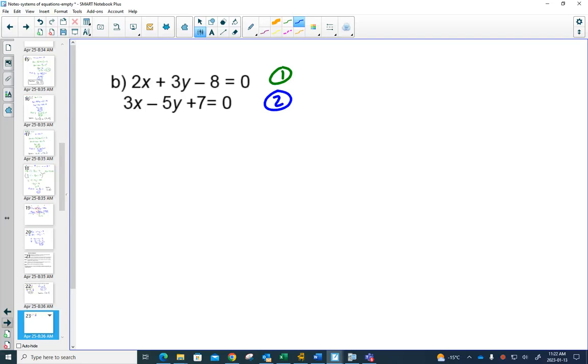Okay? Can you see if I wanted to eliminate the x's, I could multiply this one by 3 to get 6, and this one by -2 to get -6. Then they would eliminate. I could also get rid of my y's. I can multiply this 3 by 5, and the -5 by 3.